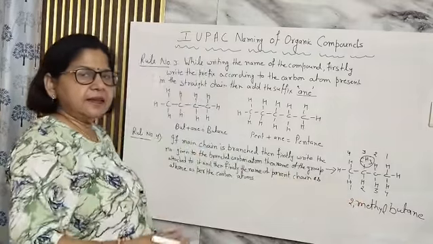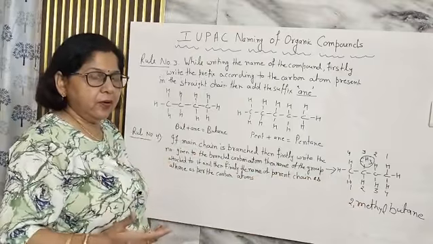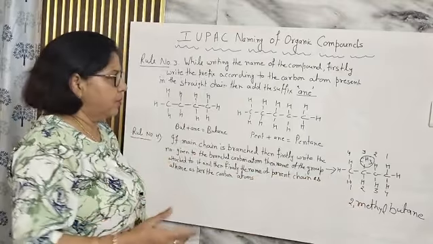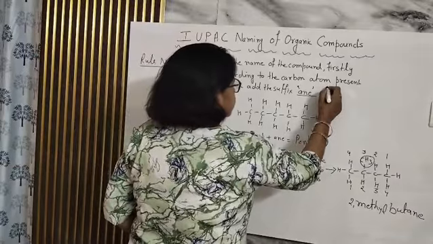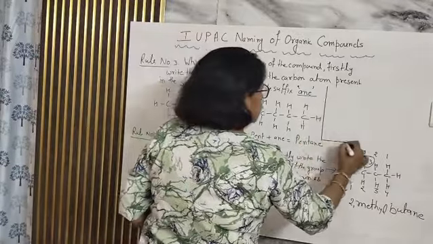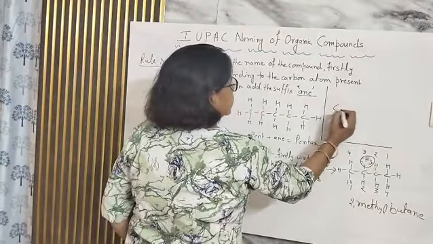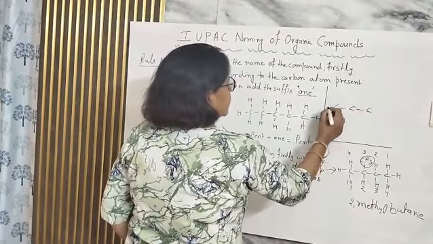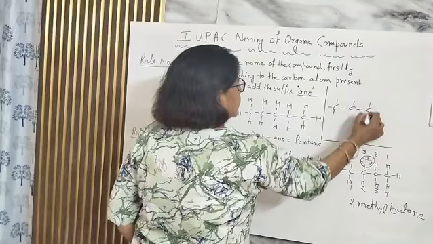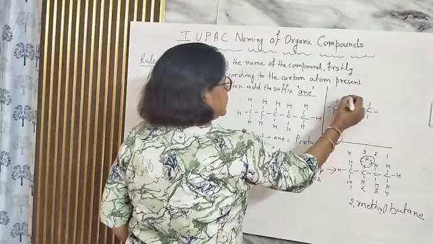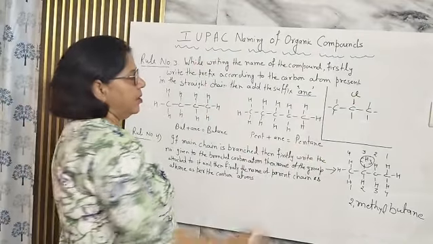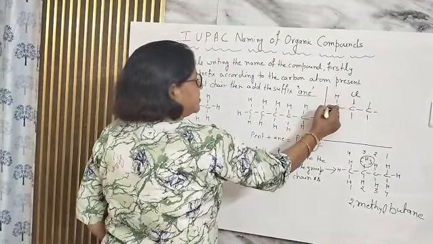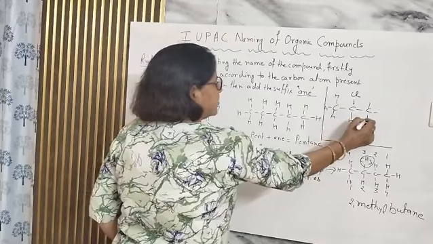So just to revise it, I will do two more examples. Fine. Look at here. Suppose there is Cl here, and on the rest of the carbons the valency is satisfied with hydrogen.